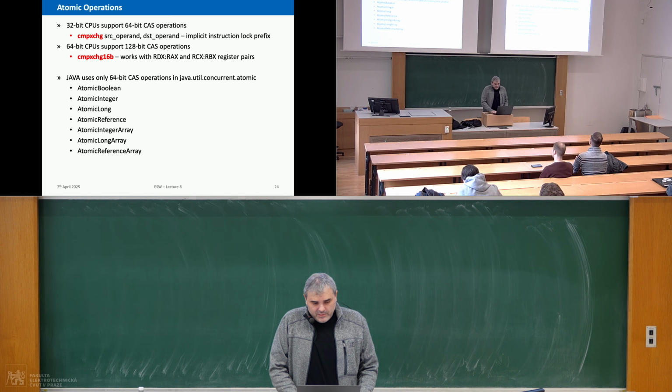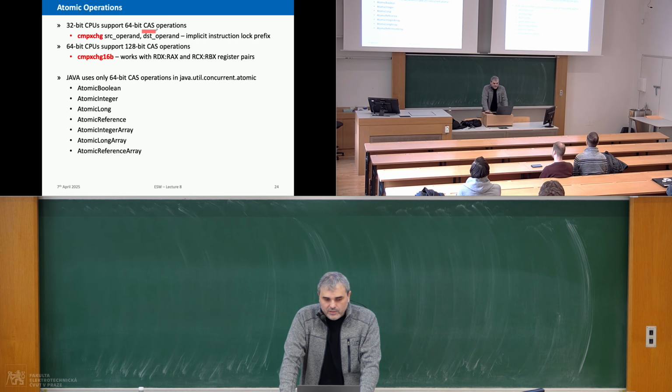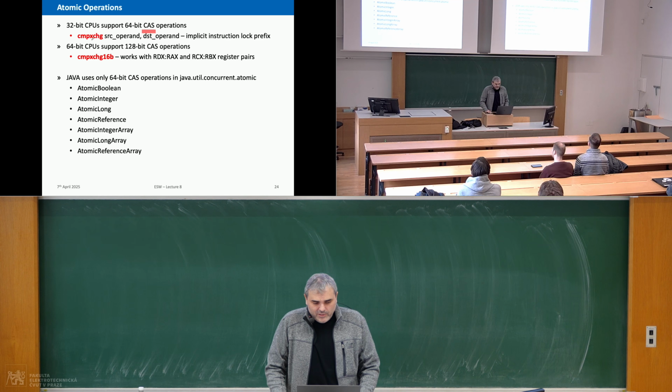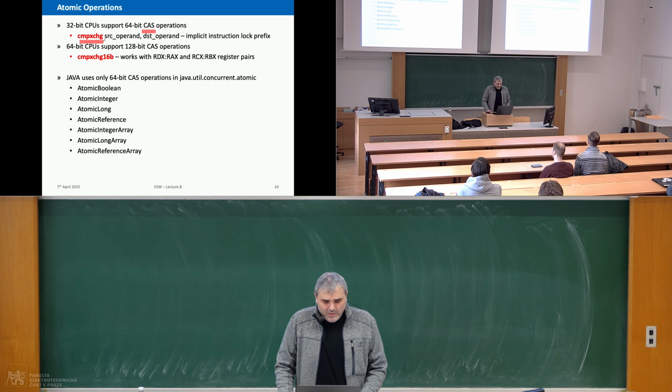So to summarize these atomic operations, the very basic atomic operation which is available through all architectures of CPU is CAS, compare and change instruction or exchange instruction. It depends on the particular implementation.